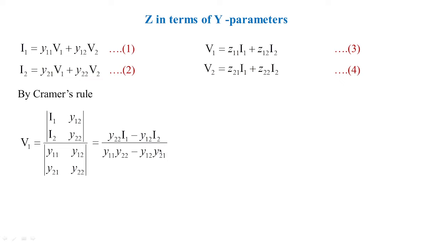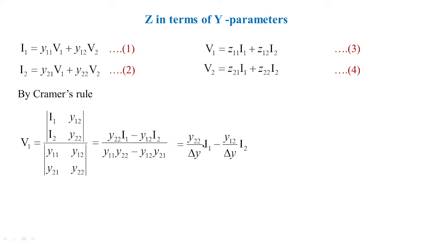In the denominator part, I'm going to get the determinant value, which is Y11 Y22 minus Y12 Y21. This gives the value of V1, which is equivalent to Y22 by delta Y I1 minus Y12 by delta Y I2. Now you can see I have obtained V1 in terms of I1 and I2.